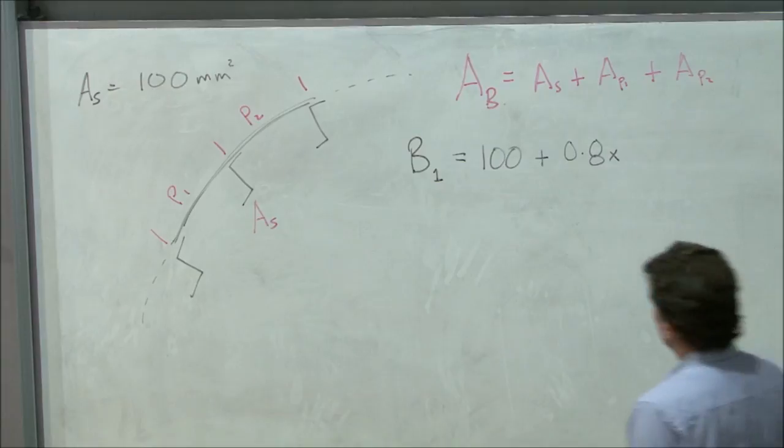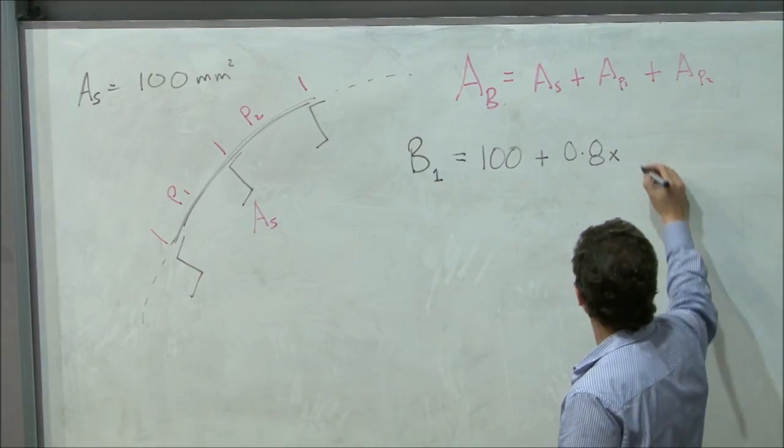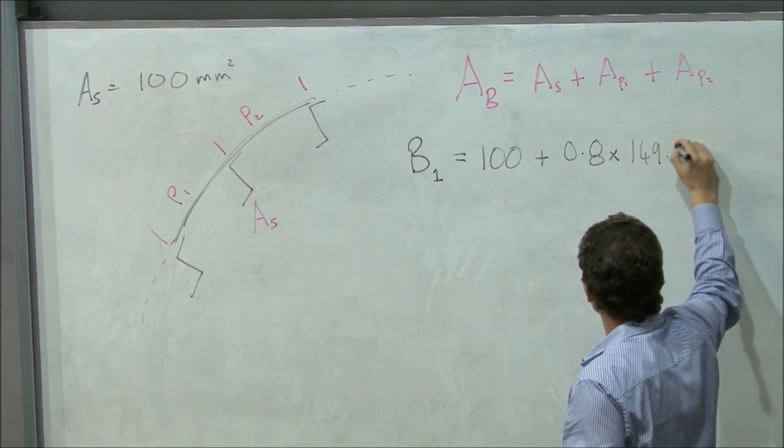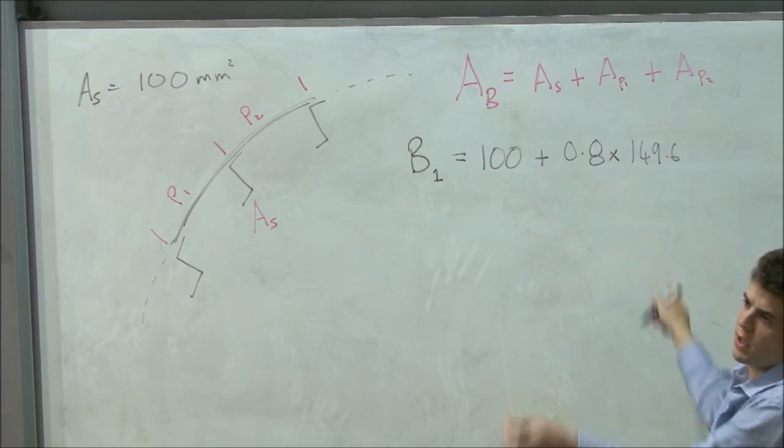The width of that panel is 149.6 because all the stringers are evenly spaced around.